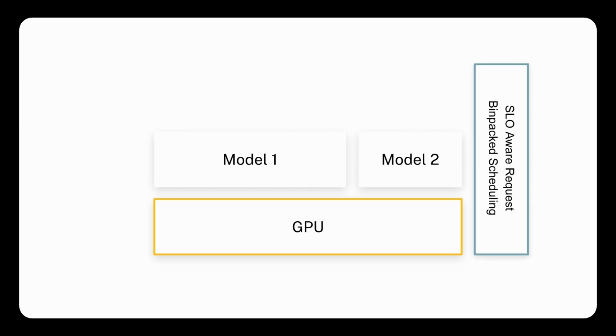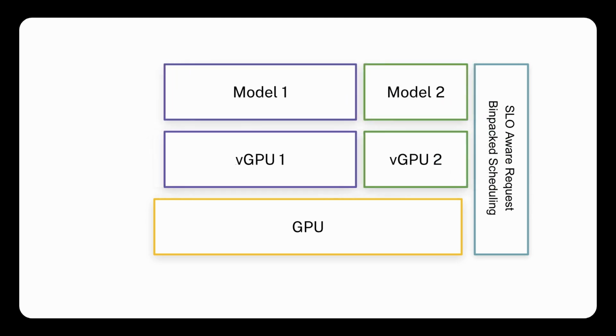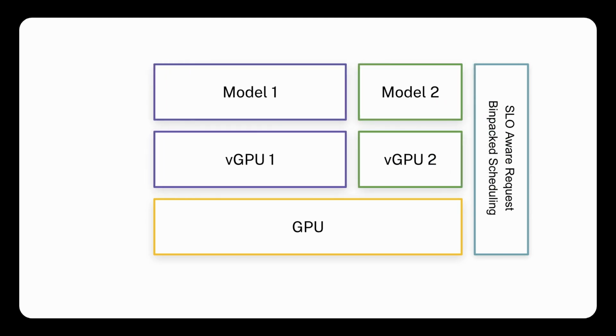Now let's take a look at how FCSP actually works in practice. Suppose you want to deploy two models on a single GPU, maybe a large language model for generation and a smaller model that handles guardrails. FCSP uses SLO-aware request bin-packed scheduling. That is, based on the SLO requirements for each workload, FCSP slices the available GPU resources into isolated chunks, assigning dedicated VRAM and compute to each one.